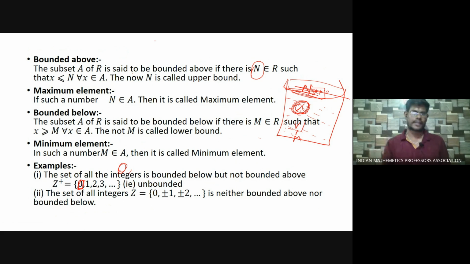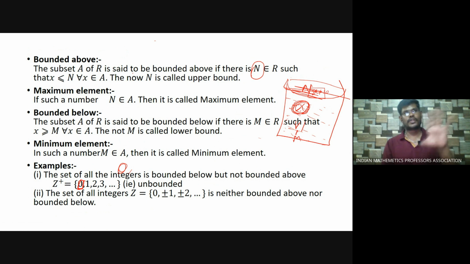Okay, so here we have the set of all integers. This is neither. Suppose we check positive or negative integers. This is neither bounded above nor bounded below. We can't identify it. We have minus infinity to plus infinity.